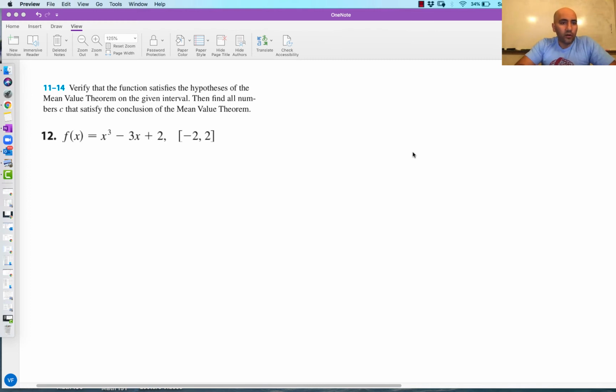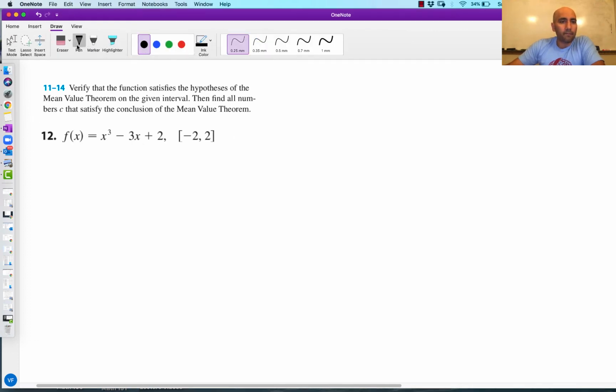Okay, so number 12, verify that the function satisfies the hypotheses of the mean value theorem on the given interval, then find the numbers C that satisfy the conclusions of the mean value theorem. The conditions are actually quite simple, and again, we have a polynomial here, so all I have to do is say, note that f of x is a polynomial, and as such, polynomials are continuous and differentiable, right?